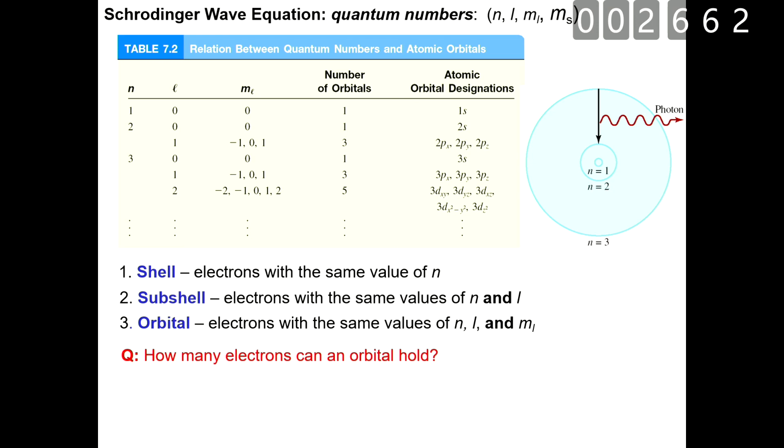Yes, because the ML can be -1, 0, and 1, right? So these 3 have the same N number and L number. So it has 3 orbitals. And for this one, how many orbitals? 5. Yes, good.